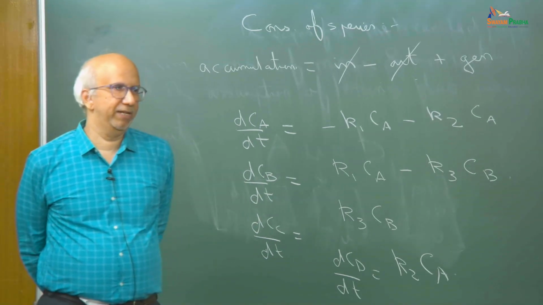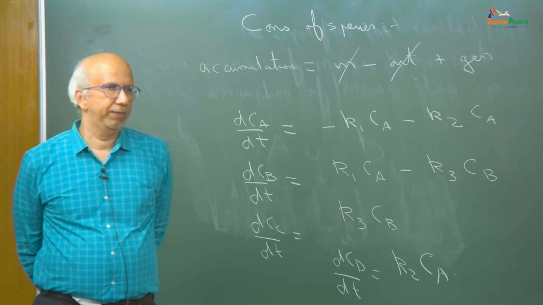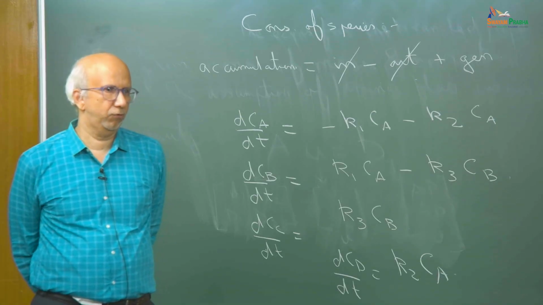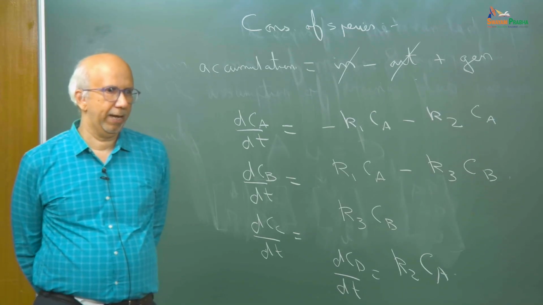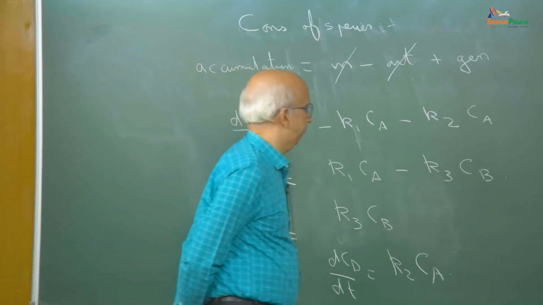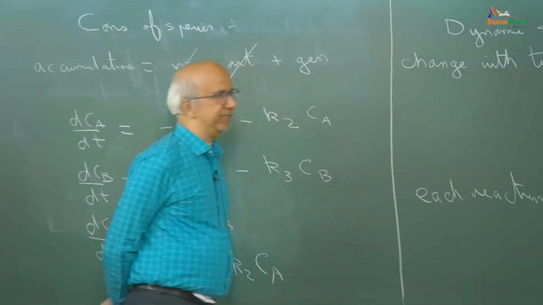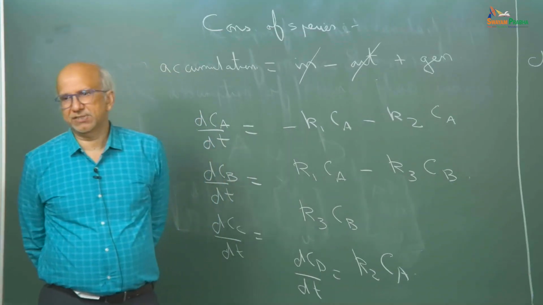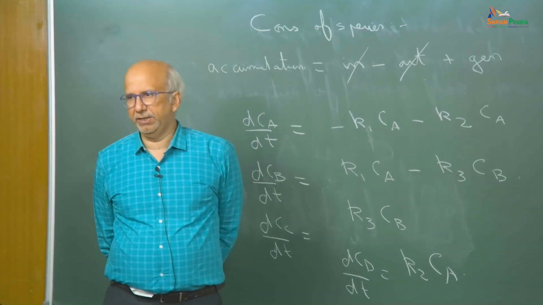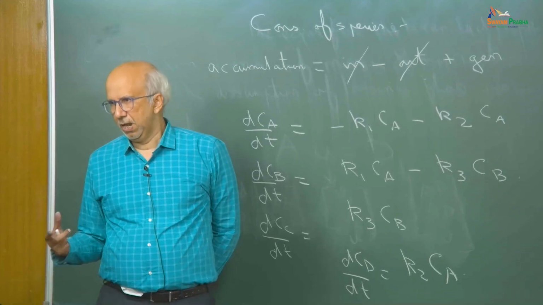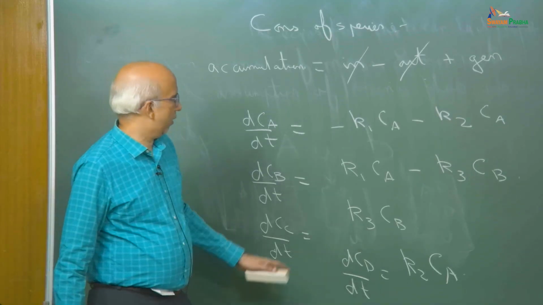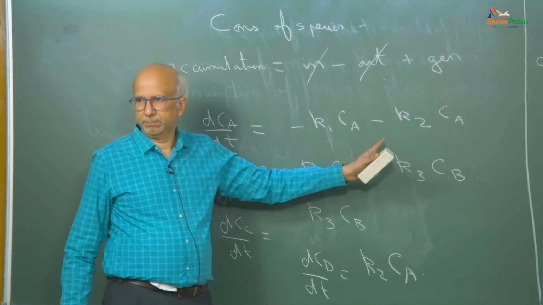Basically what I have done is written the governing equations for each of the species, and that is just what you are comfortable with. The first thing is, again I have made an assumption of the thing being elementary or first order. That is an assumption, and because of that assumption all these are occurring to the first power.